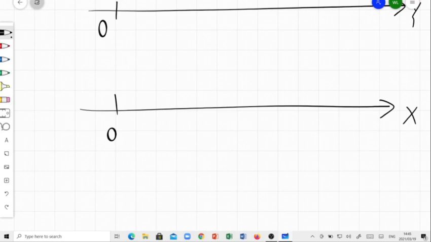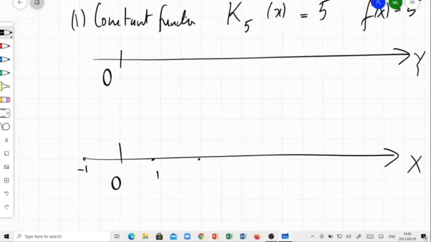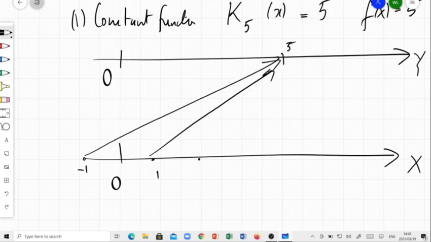So notice that in this case, the number -1, 1, every number, a constant function indiscriminately maps everything into the single number 5. So you see, -1, 1, 2, 7, all of them are then mapped into 5.